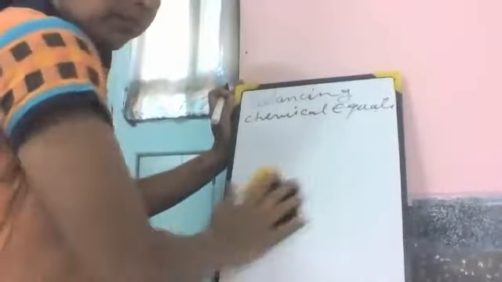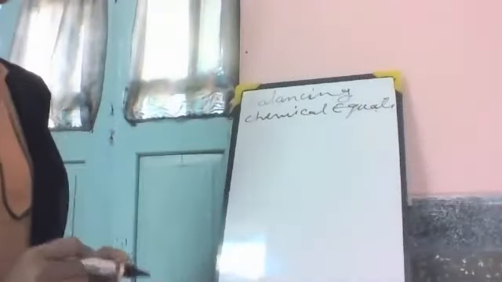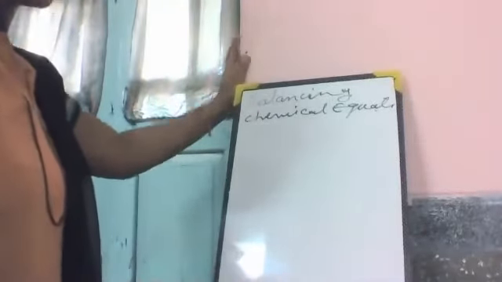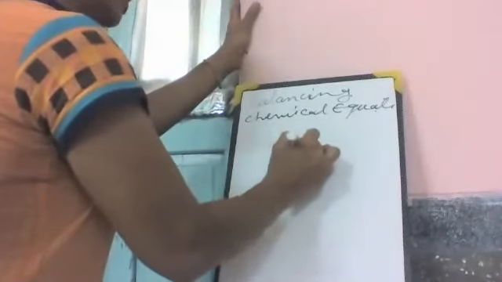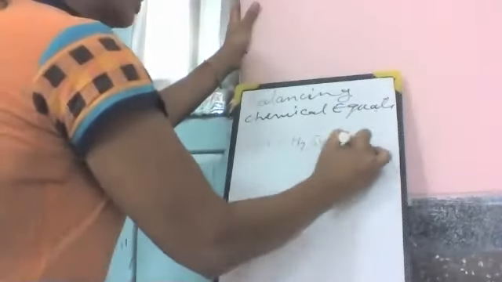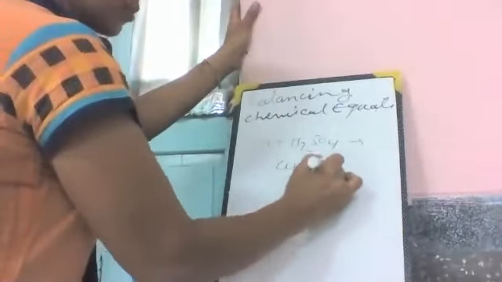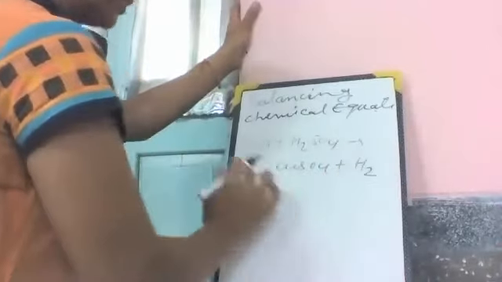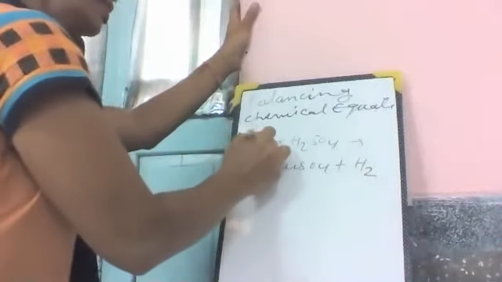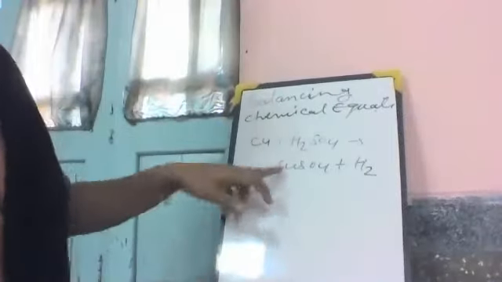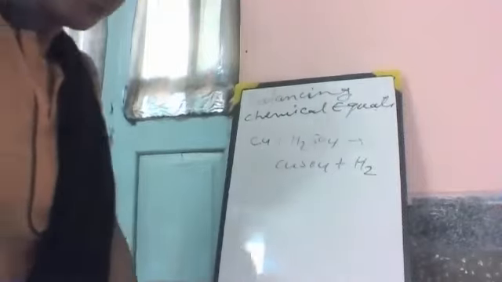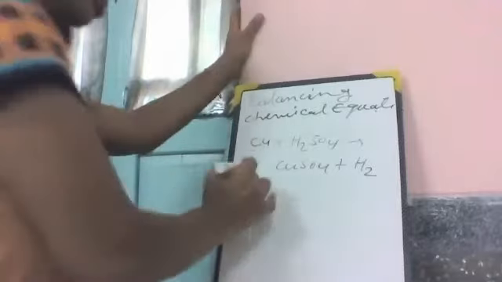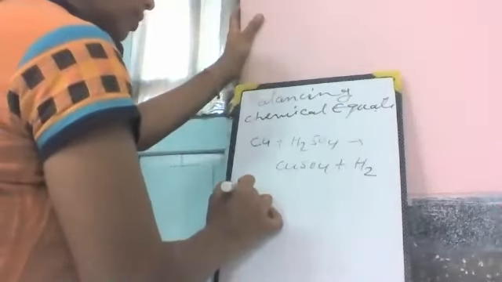See, one more thing is a balanced equation need not represent the real equation. Here is Cu plus H2SO4, and it gives CuSO4 plus H2. In this reaction, copper is less active and does not react with dilute sulfuric acid.